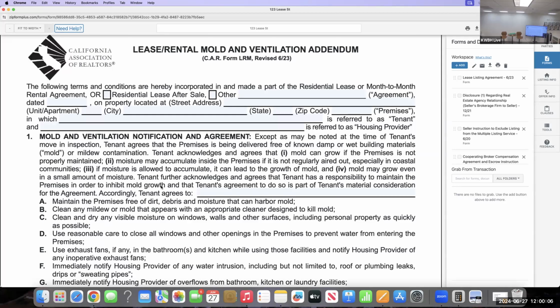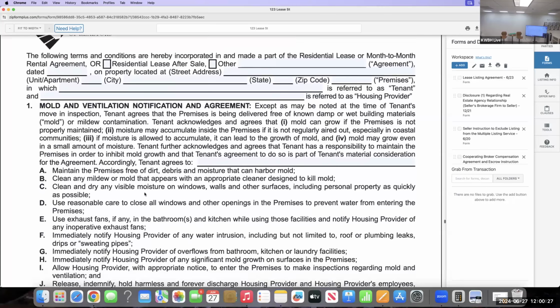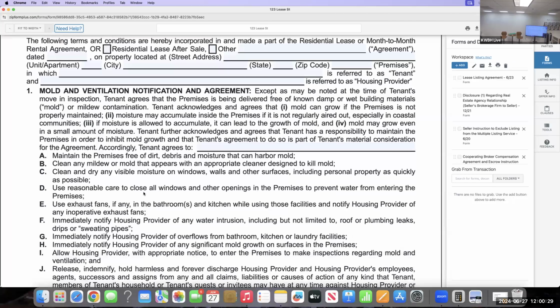This basically says to the tenant, if you see water leaking or moisture, you need to tell the landlord right away so the landlord can address it. If you as a tenant allow a leak to leak and fester and grow mold, and you never told the landlord about it, you could be liable for that as a tenant. You do have a responsibility to report immediately. I didn't know. No, they should know.